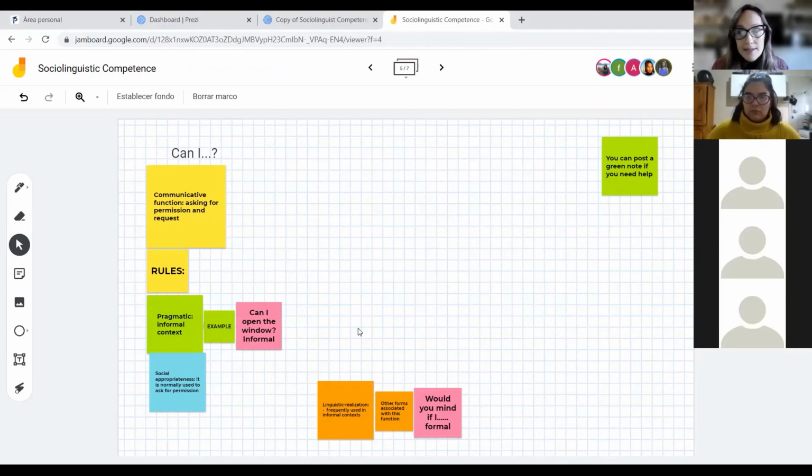I don't need to ask my sister that, right? Probably if it is a person I don't know or a person I usually treat with more respect than others because our relationship is not so close, I would choose to use those forms, right? You have it there. Would you mind if, okay?